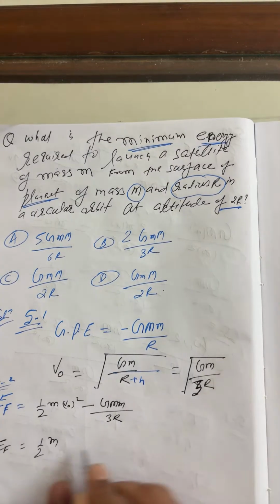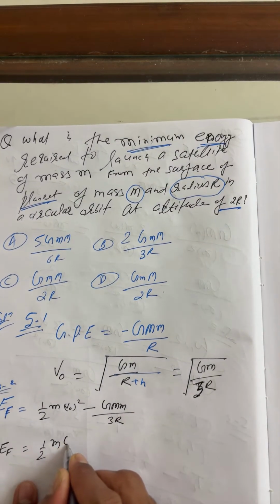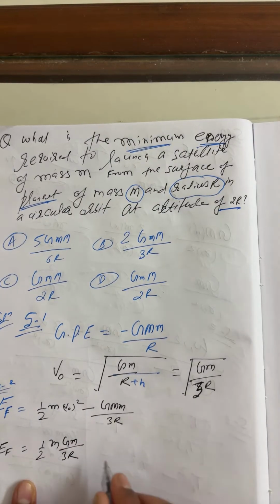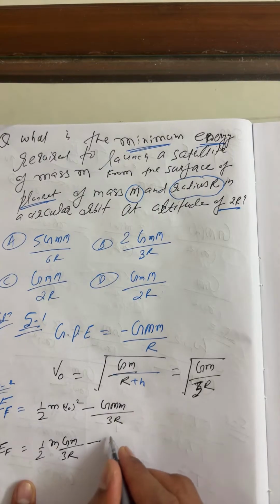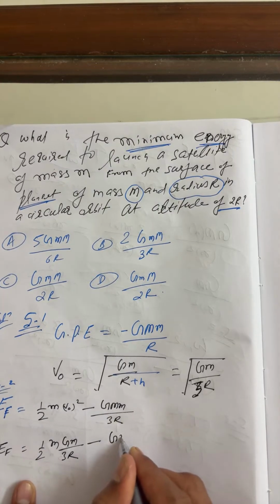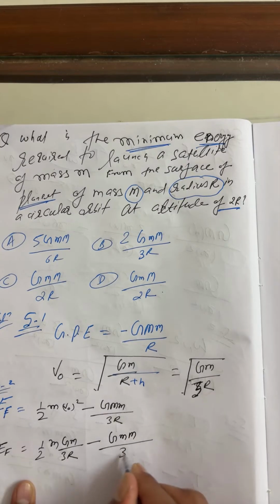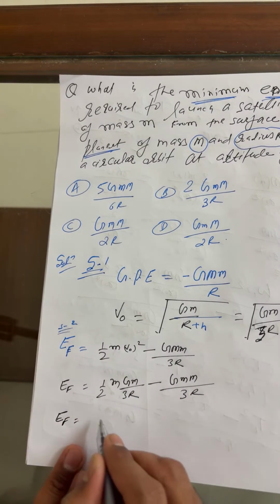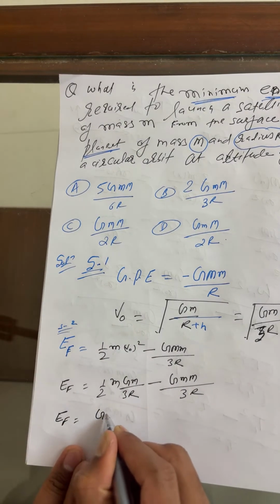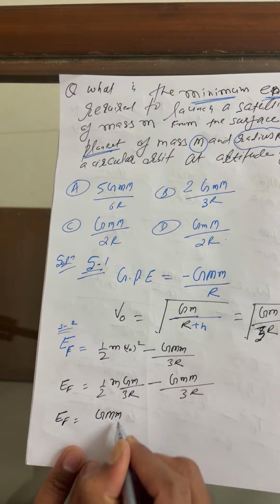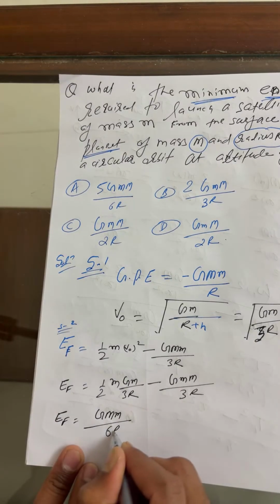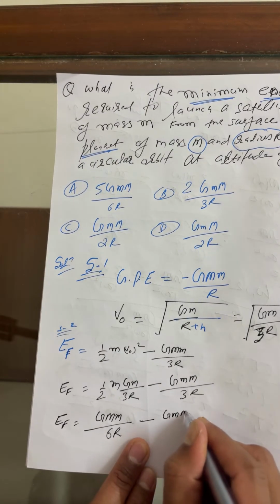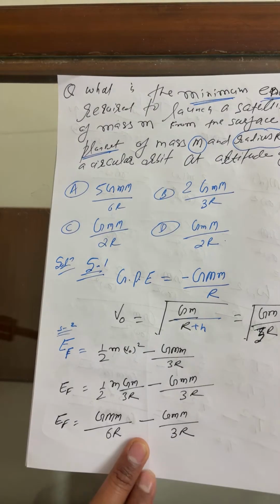So the entire square gives G M by 3R, minus G small m capital M by 3R. Do just a simple calculation here. So G capital M small m by 6R minus G small m capital M by 3R.